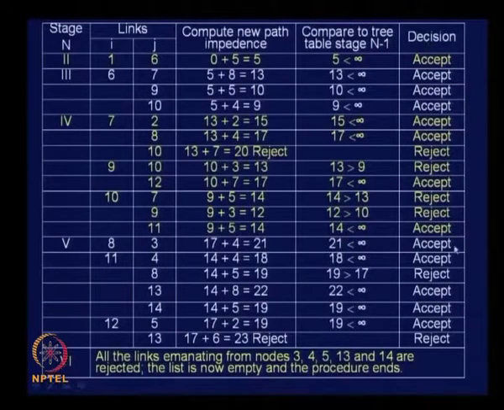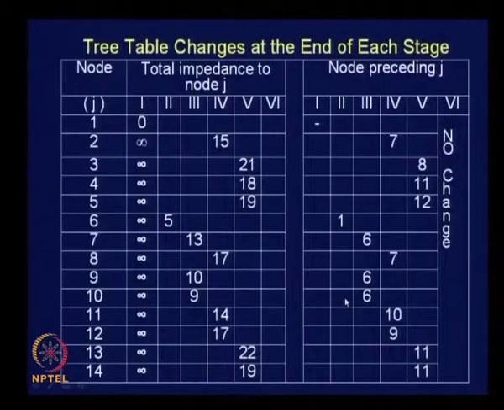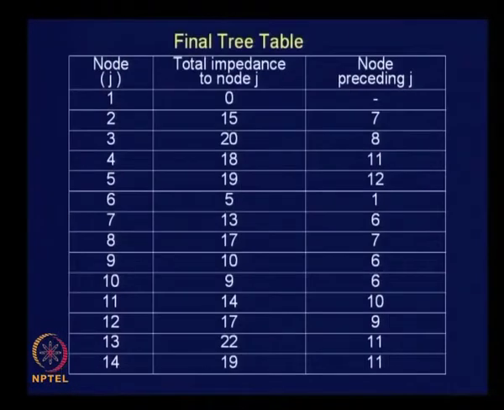So we accept whatever we have done so far, and so this is the final value as per the tabulation we have initially made. We have got information about the cumulative travel time as well as the connecting nodes, and this is the final summary of the results that we have got.